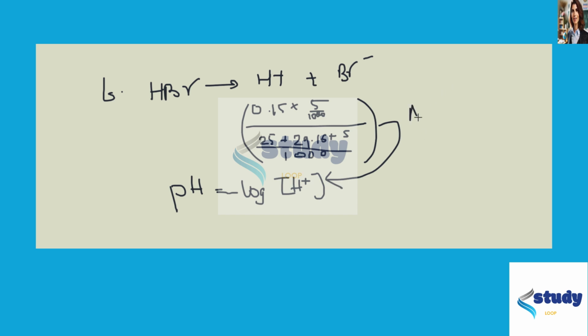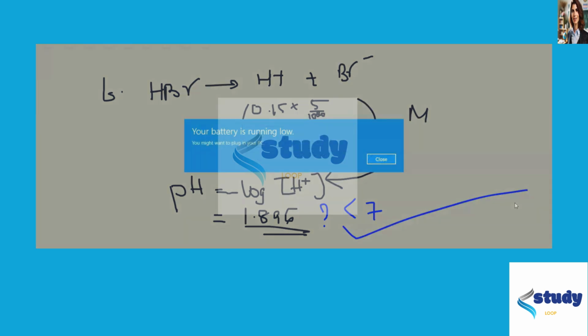And again, this is molarity, so you can put that in directly, no worries. And you get 1.896. So does this make sense? It's less than 7. You have a solution that was already kind of acidic, and then you added more acid. So yeah, this makes complete sense.